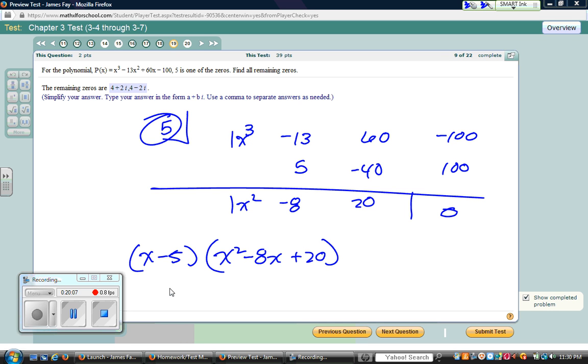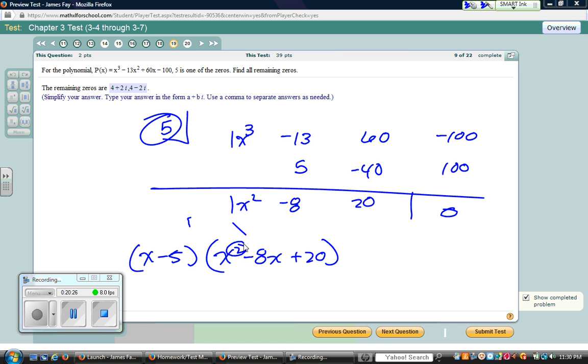However, this x minus 5 is a linear factor, and the x squared minus 8x plus 20 is a quadratic factor. We don't want quadratic factors, because we want linear factors, so we need to break this down further.